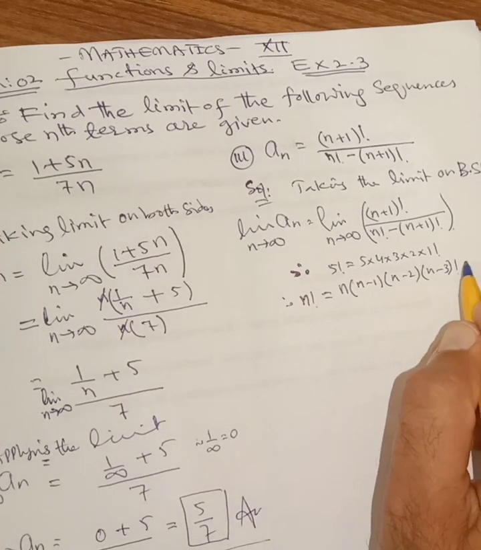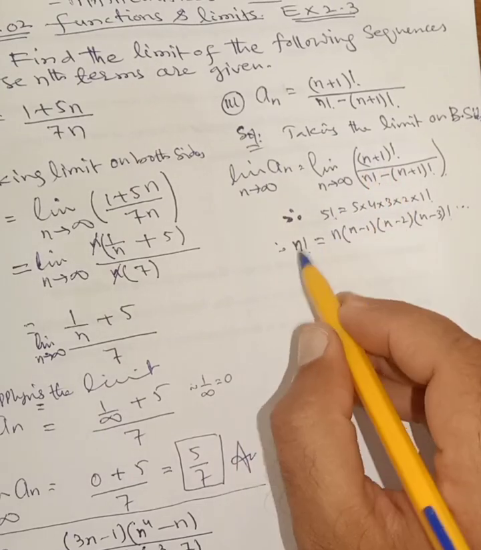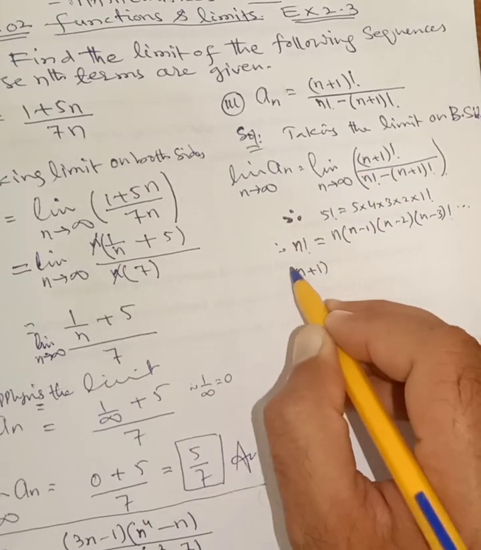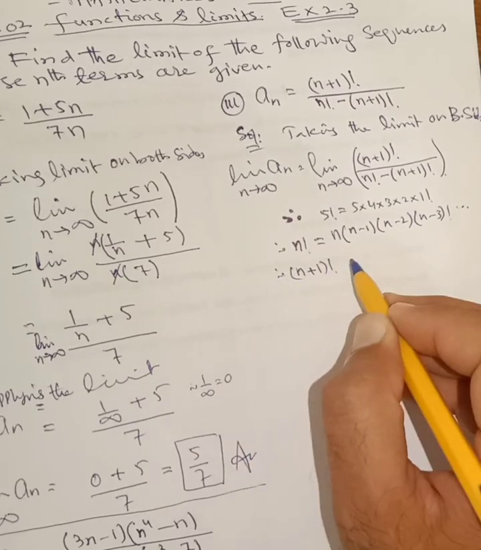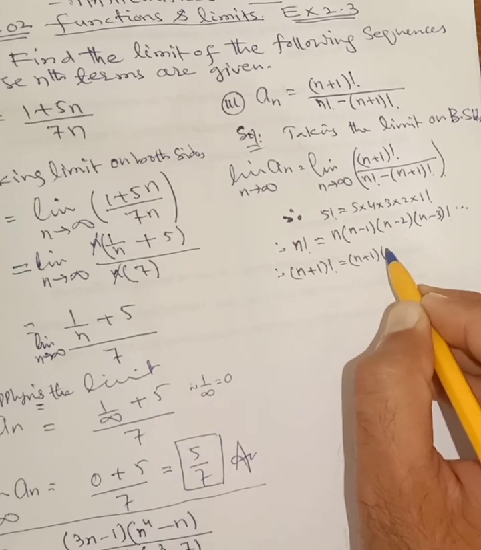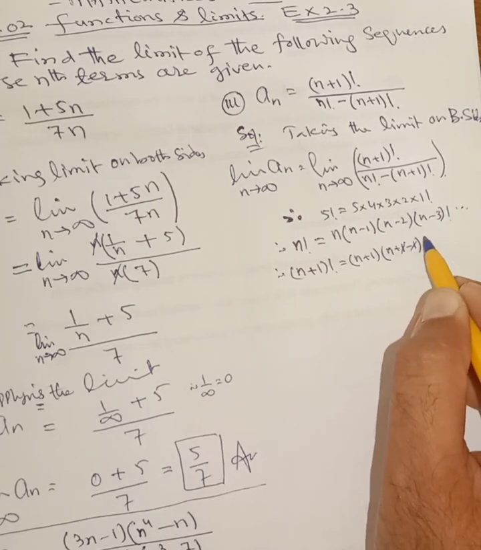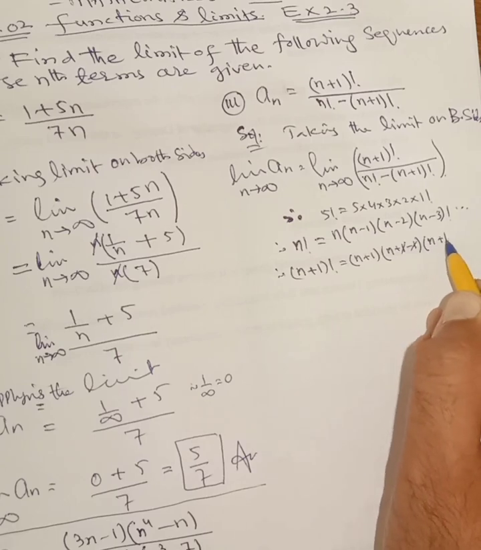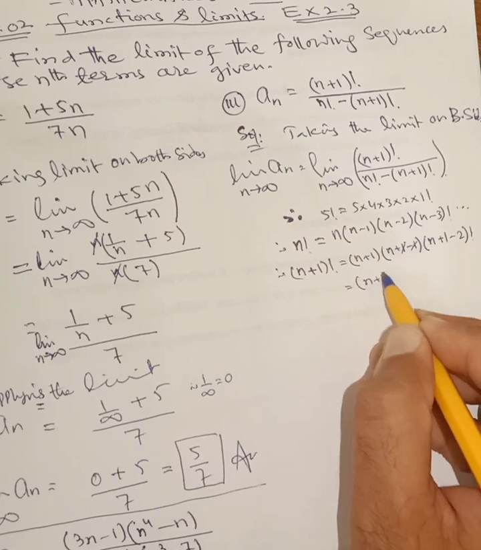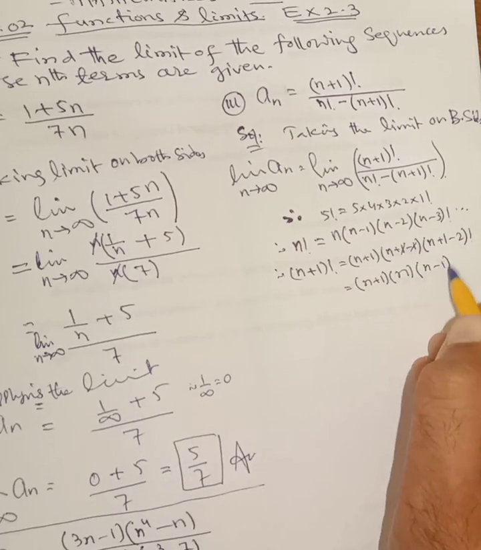So (n plus 1) factorial becomes n plus 1 times n times (n minus 1) factorial.